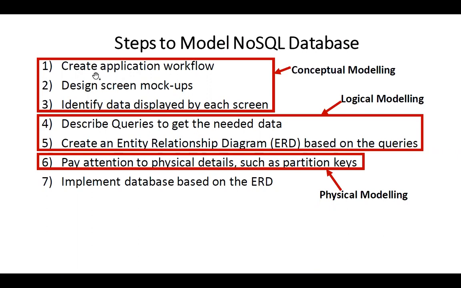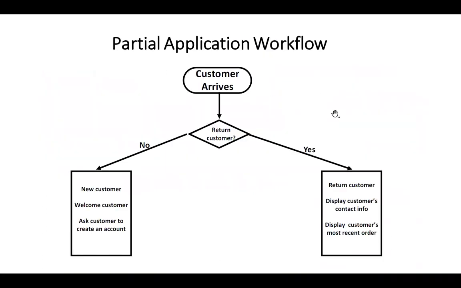First one, create application workflow. Okay, so I have a very simple application workflow here. This is for a website. A customer has arrived. We want to know whether it's a return customer or a new customer. If it's a return customer, then we will ask the customer to log in.